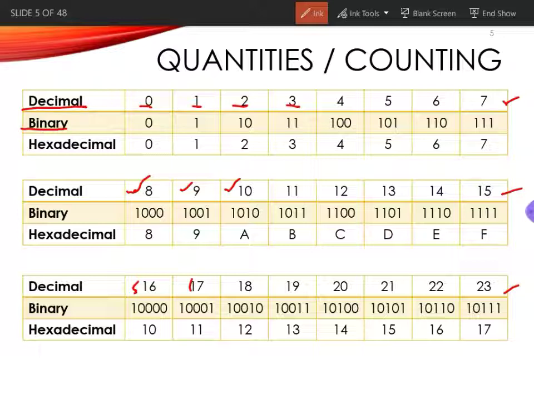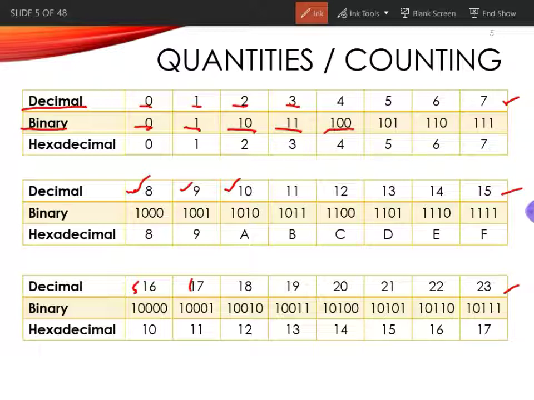In binary, you only have an option of 2 digits, right? 0 and 1. So a 0 is a 0, then a 1 is the next increment, 1. Next, you go 1, 0, and then 1, 1.